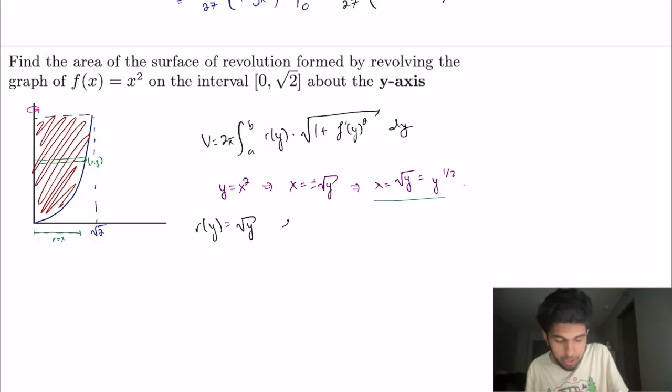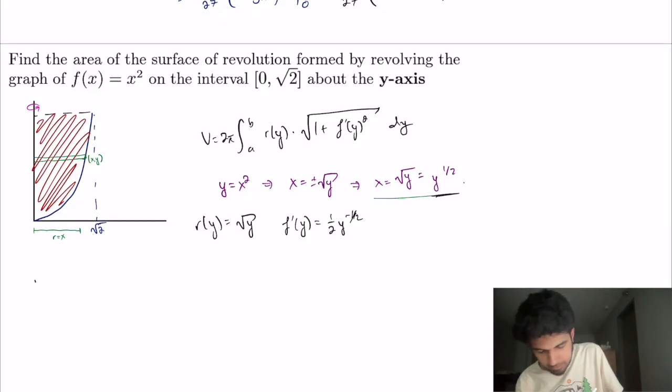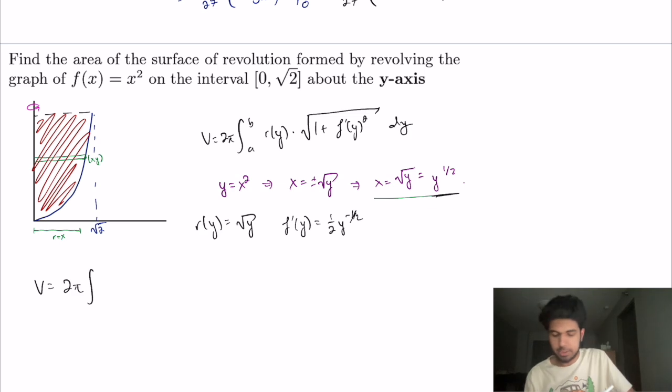We also need f prime of y. So for that, we'll take the derivative of the square root of y, which is why I wrote it as this. So 1/2 y to the negative 1/2. Now we're ready to plug in and integrate. V equals 2 pi integral. What are our bounds of integration?